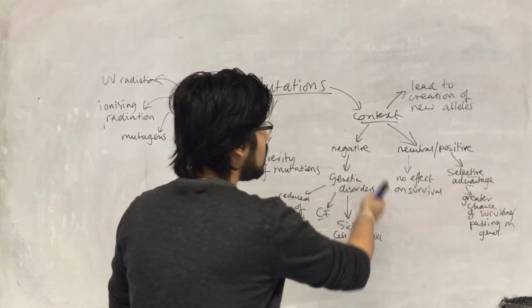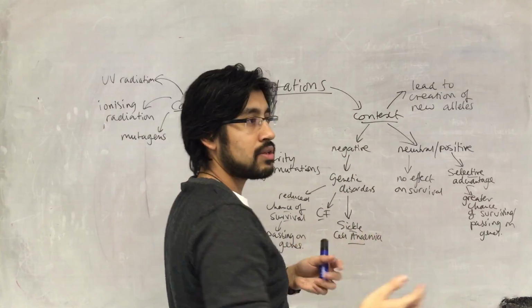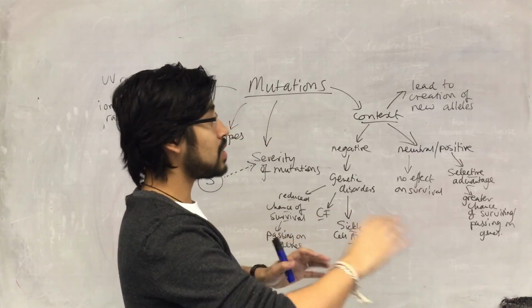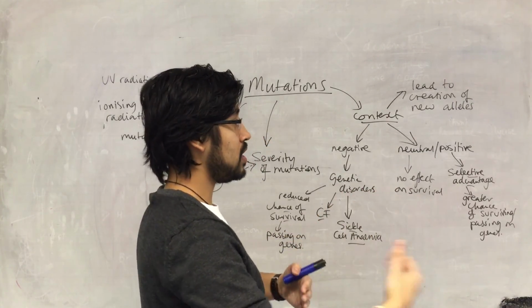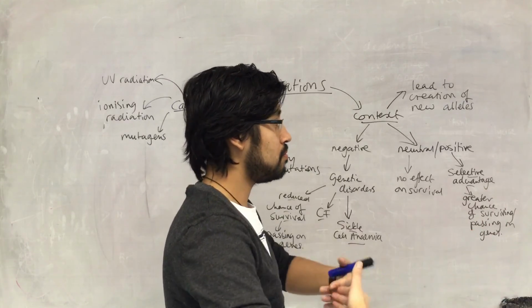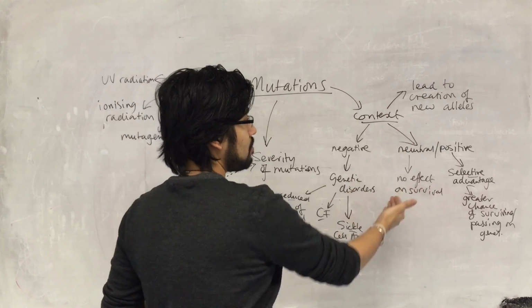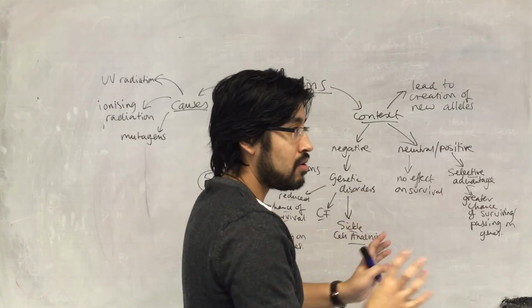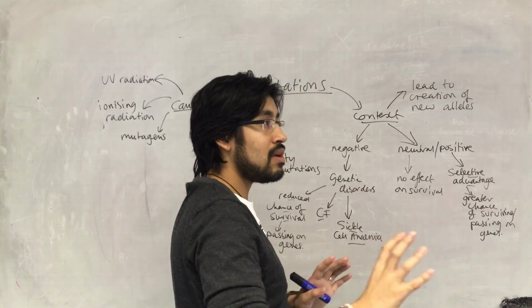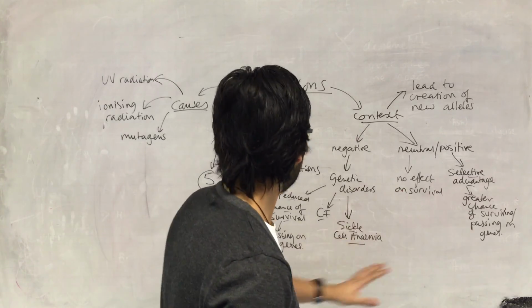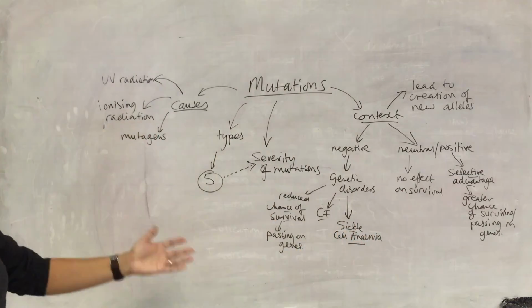And then finally, if there are mutations, sometimes they can be negative, in most cases they will be, sometimes they can be positive, and that's what leads to evolutionary change ultimately. Sometimes they can be neutral, and their effects can only be seen if the environment or conditions change. So that is mutations, guys.